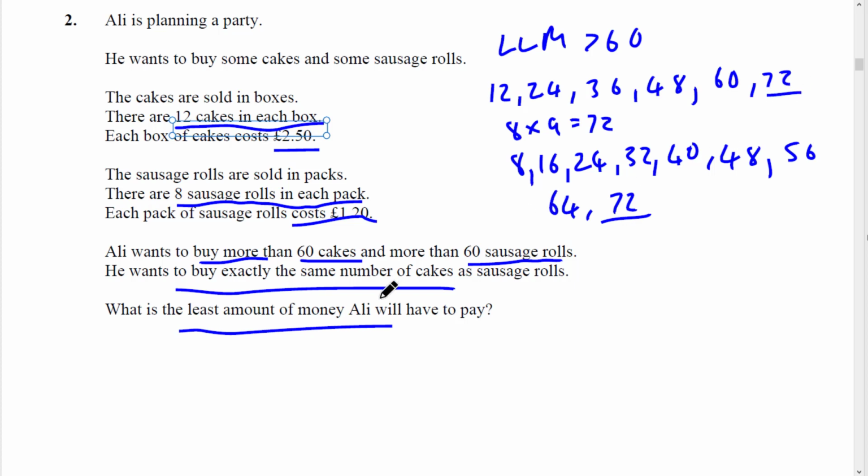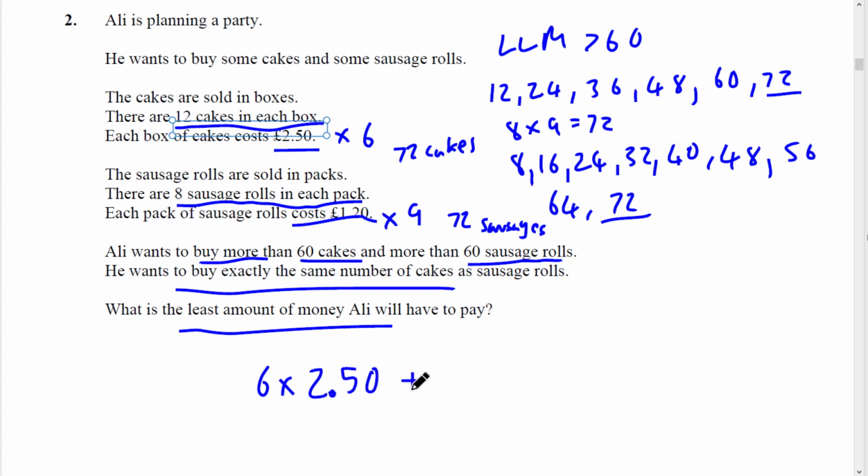What is the least amount of money Ali will have to pay? Well, that means he needs 6 of these boxes to get 72 cakes, and he'll need 9 to get 72 sausage rolls, 9 boxes. So we just have to write 6 times £2.50 plus 9 times £1.20.